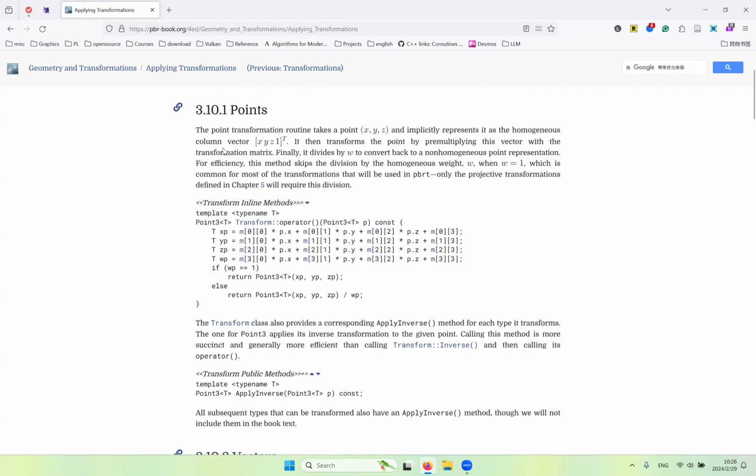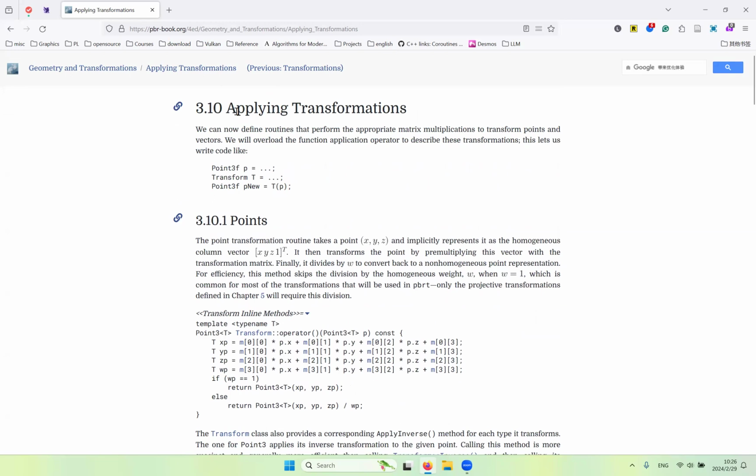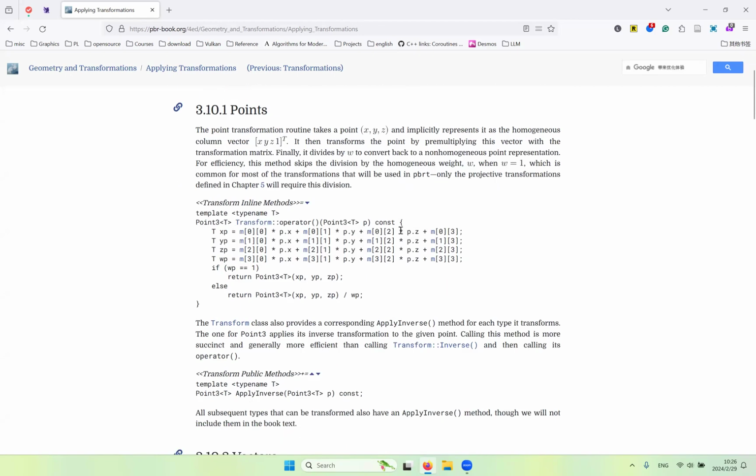Now we need to apply transformations to various objects, including points, vectors like normal vectors, and even rays. For a point, we will perform the matrix multiplication of the matrix and this column vector x, y, z, and 1.